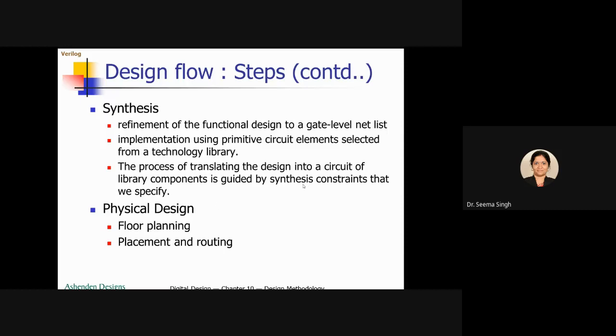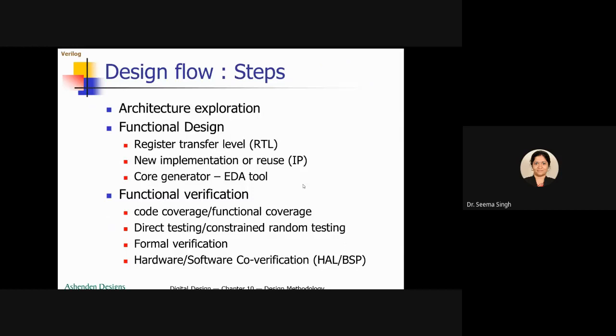Now, next is design optimization. So here your design flow finishes. Of course, when you talk about design optimization, most of these steps will be revisited. Please remember how it started. Number one was architecture exploration, in which you had your partitioning of your architecture into logical and physical.